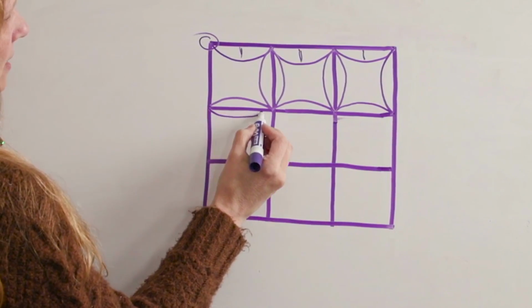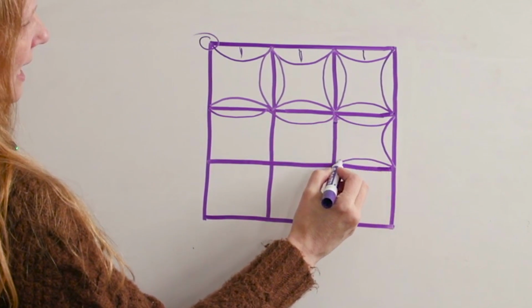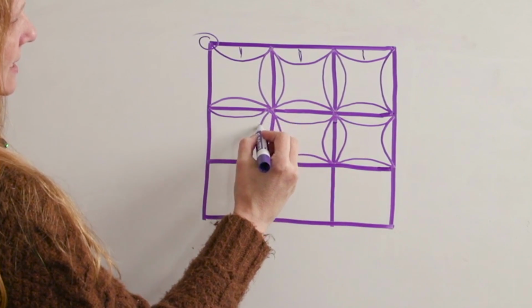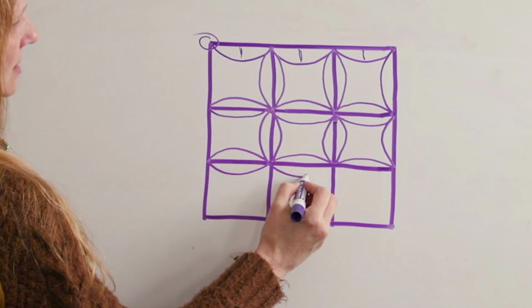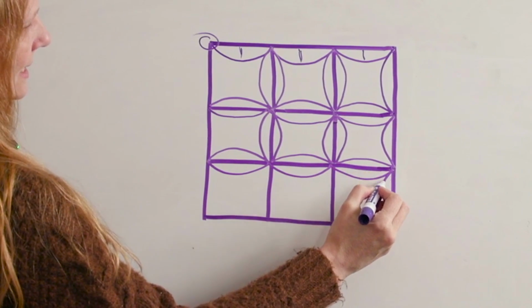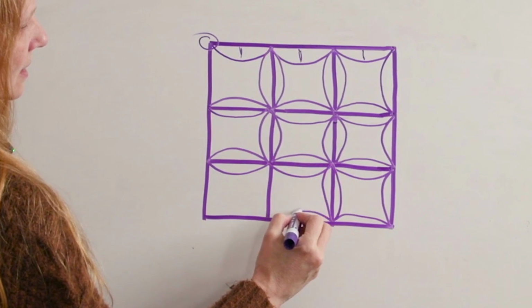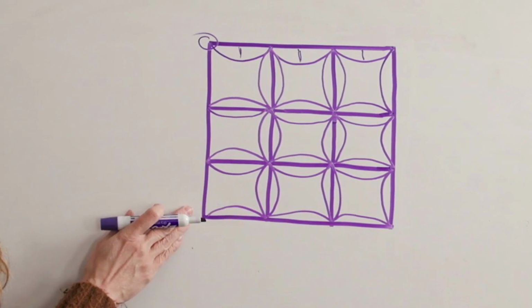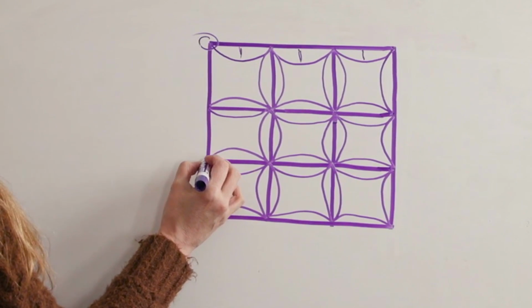So all the way across, down, left, up, down, left, up, down, left, and repeat all the way to the right, down, left, up, down, left, up, down, left. And this is where I'm going to come all the way up to my original starting point to finish it off.